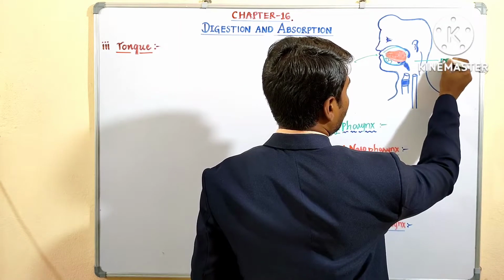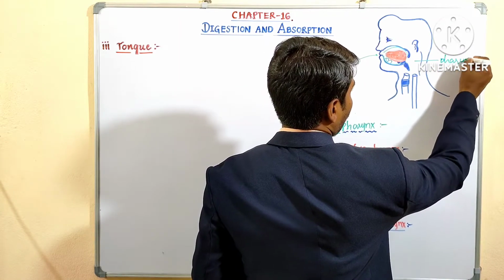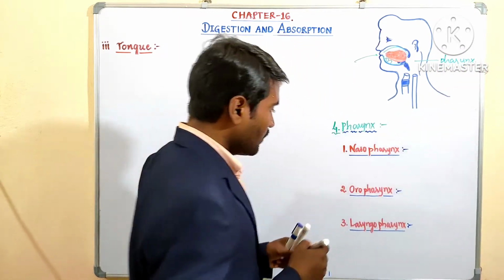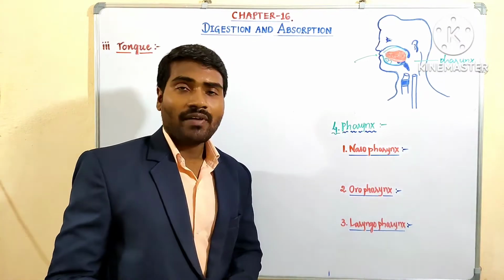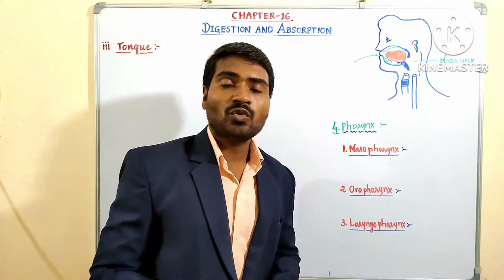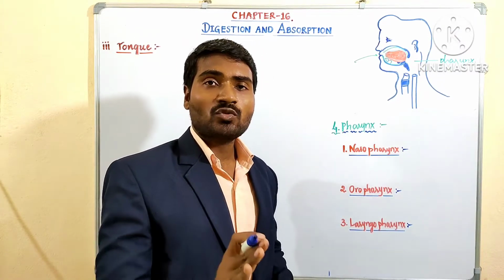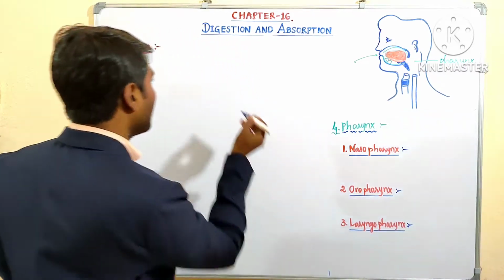Here this is the pharynx. The pharynx is a muscular tube made up of voluntary muscles.